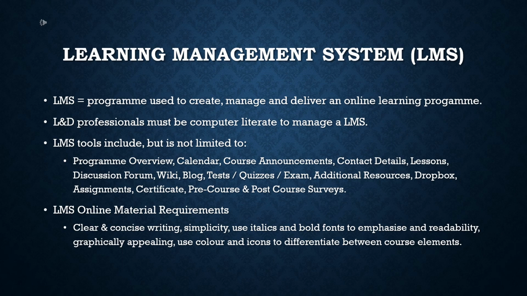It's very important that when you make use of an LMS and design a course, you make use of clear and concise writing, simplicity, and the creative use of italics and bold fonts to emphasize readability in order to make the program as graphically appealing as possible.